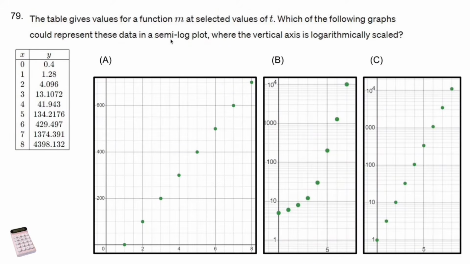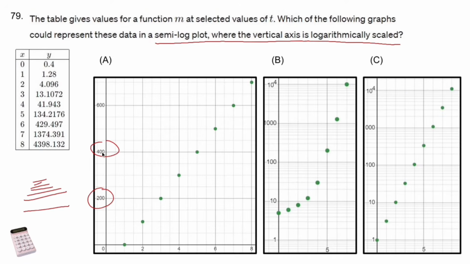Now, what you're looking for is a semi-log plot where the vertical axis is logarithmically scaled. That's thing number 1. A semi-log plot where the vertical axis is logarithmically scaled goes like this, and as you work your way up, things get a little bit tighter. I could have done a much better job showing that. But what we see in A is the vertical axis is just linearly scaled.